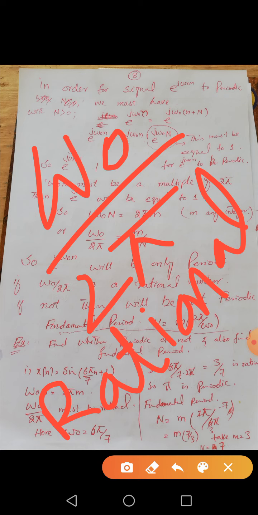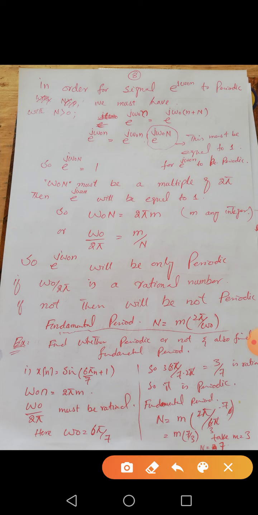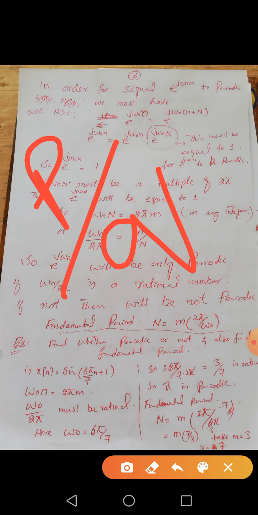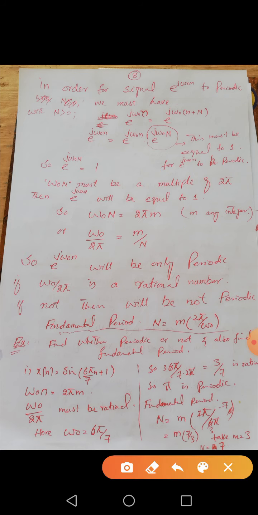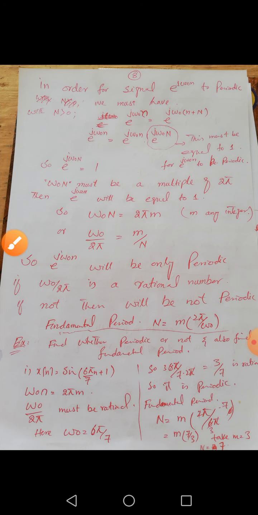And if omega naught divided by 2 pi results in an irrational number, this signal is not periodic. And what is a rational number? Rational numbers are those numbers which can be written in the form p by q, and irrational numbers cannot be written in p by q form. Pi is an irrational number, e is an irrational number.